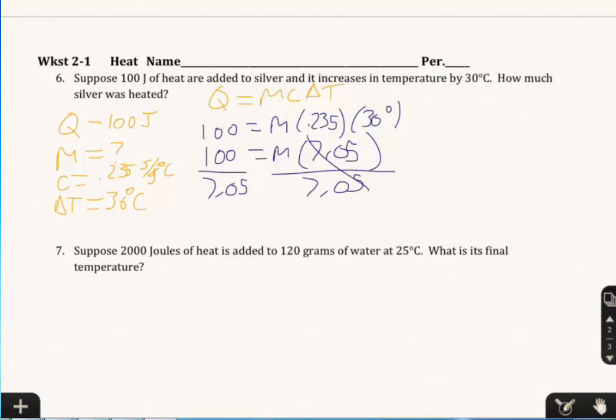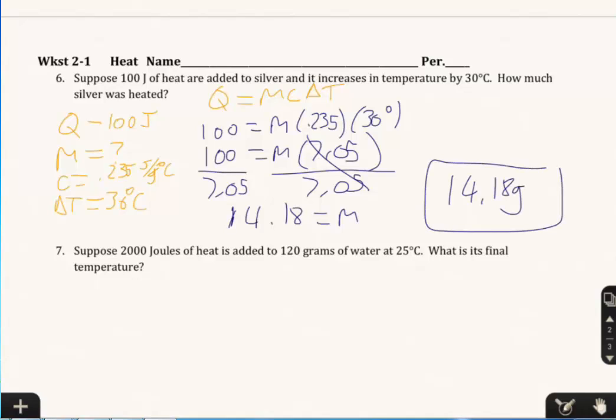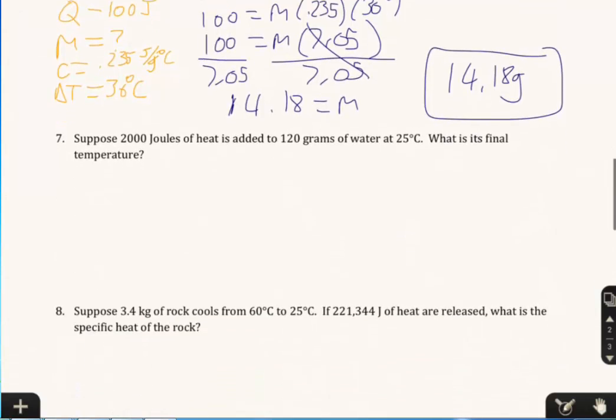So 100 divided by 7.05 equals 14.18 M. Remember, I need my units. We're measuring mass. Mass is measured in grams, so 14.18 grams. Okay, showed my work. I set it up correctly, and so I should be good to go.